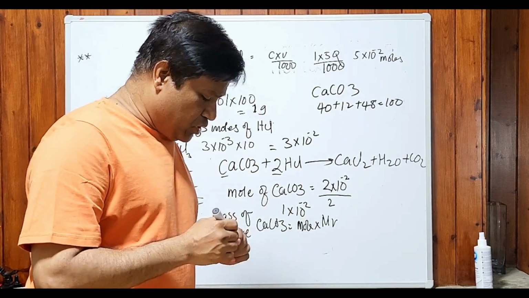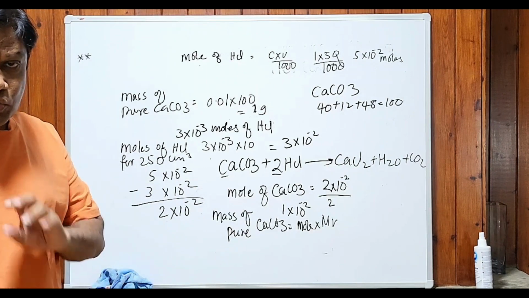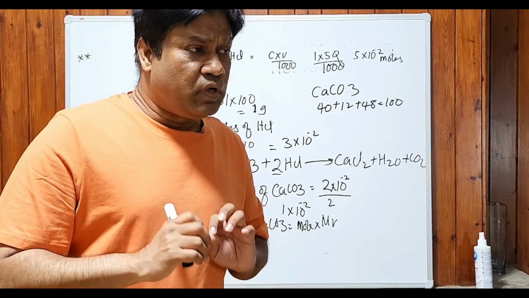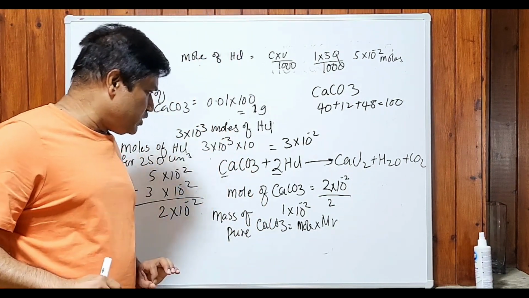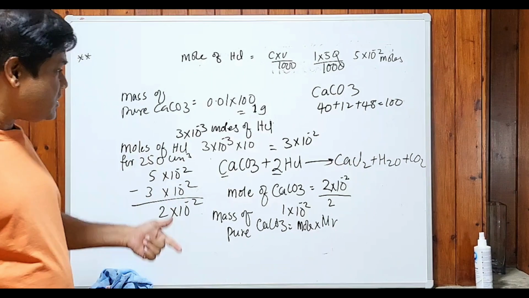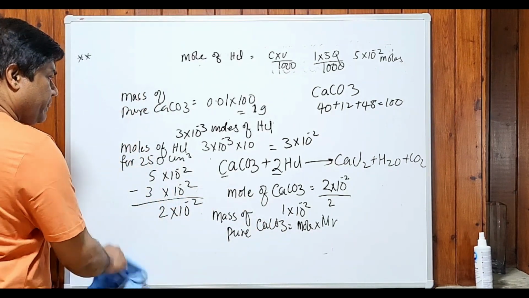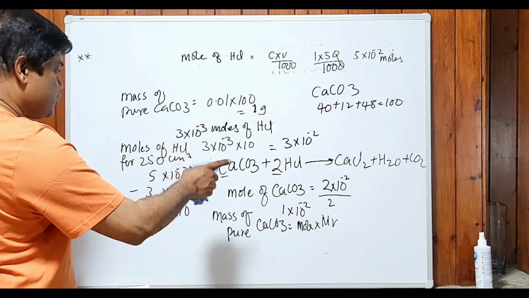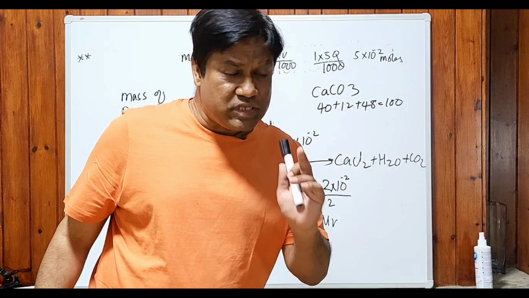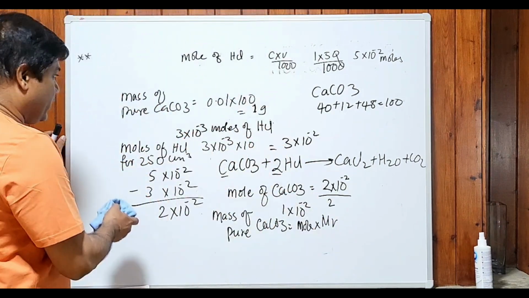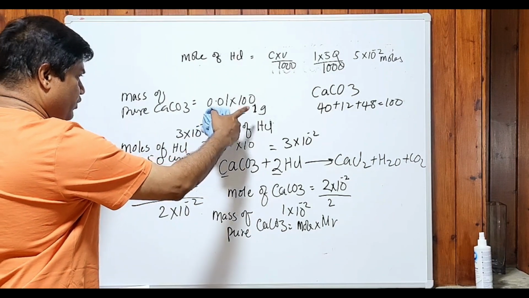But when you read the question one more time, 1.25 gram of limestone is given, which is the impure form of CaCO3. So now we can work out the percentage purity of CaCO3. Now this is the mass of the pure CaCO3. Guys, always the pure mass is less than the impure form. Look at the mass of the pure CaCO3, which is 1.